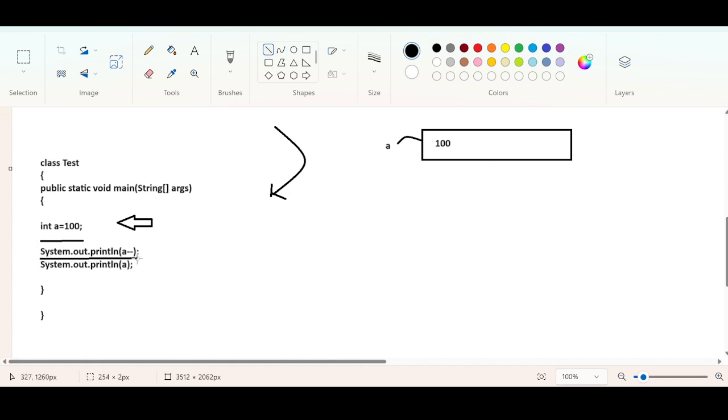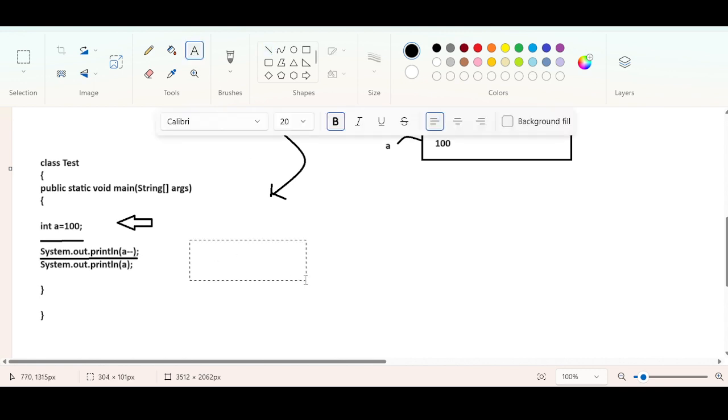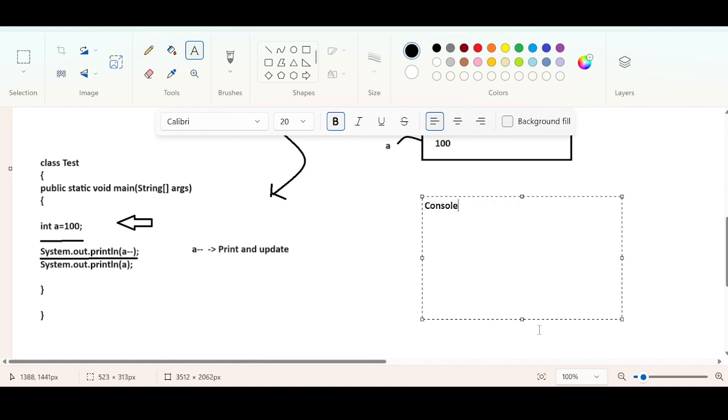We have A minus minus. A minus minus means first print the value and then update. What is the value of A? 100. So 100 will be printed, then update.